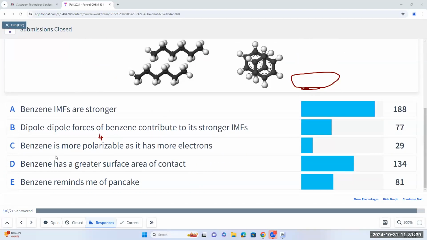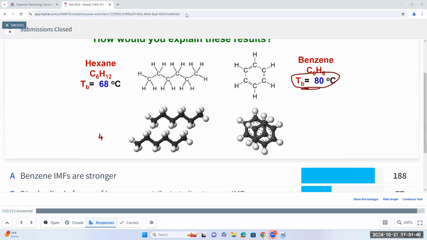And then option C: benzene is more polarizable as it has more electrons. No, right? If we count the electrons, hexane has 6 carbons, meaning you get 36 electrons from that, 6 times 6. And then 14 hydrogens means 14 electrons from them.